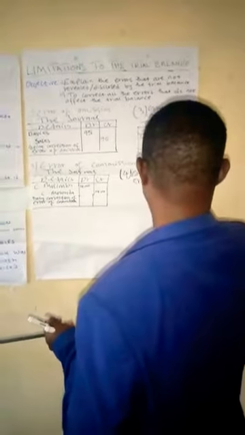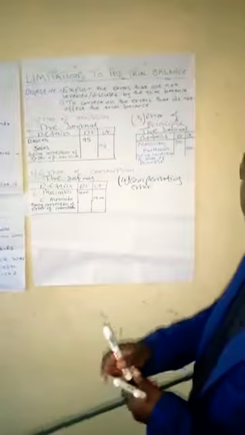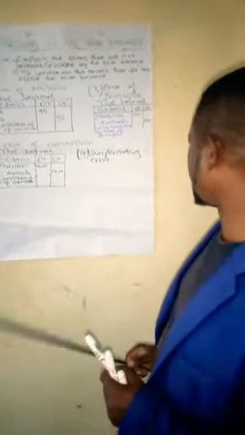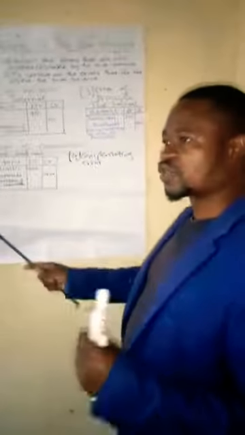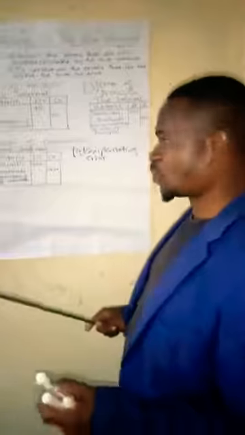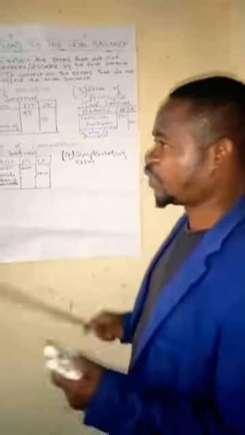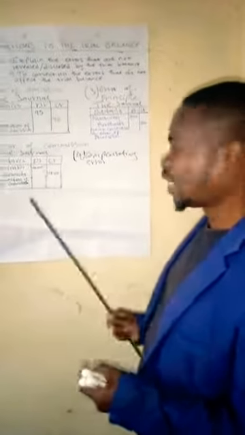error. What happens with this error is that when you make mistakes with the recordings in the books of accounts, they cancel each other, or compensate each other. How do they cancel each other? For instance, we look at an account that has a debit balance.